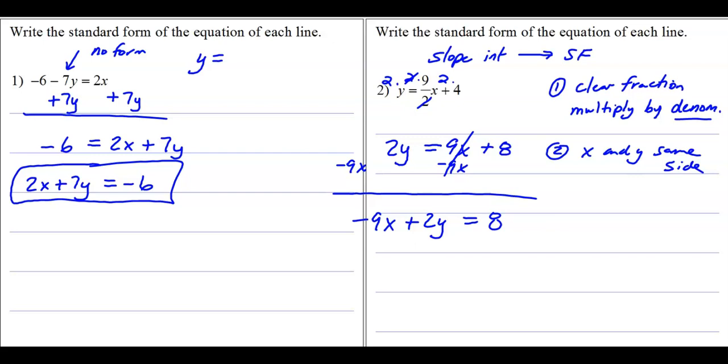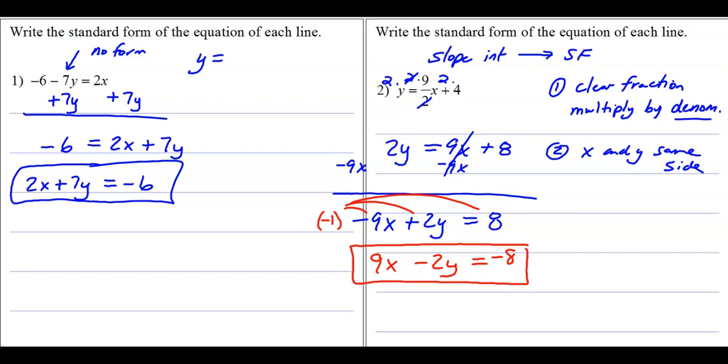I'm going to go the traditional old school route that says your x coefficient can't be negative. So I need to either divide or multiply everybody by negative 1, and that's just going to change all the signs. It's going to give me a nice positive x coefficient. I feel a little more comfortable going old school and making it positive. So there's your correct answer.